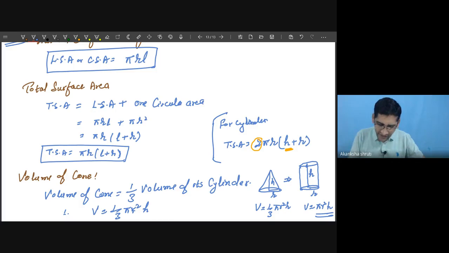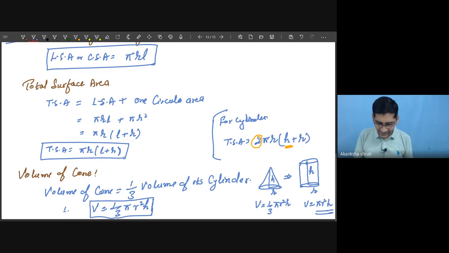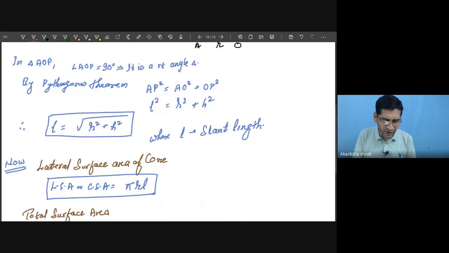Students, again recall that this formula for the volume of cone does not depend on the slant length, but it depends on the height of the cone. Getting? So these are the important formulas for the cone. Very first is calculating the slant length by knowing the radius and height. Why is the slant length important?